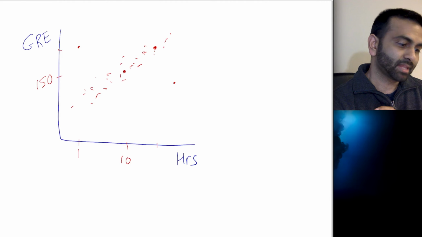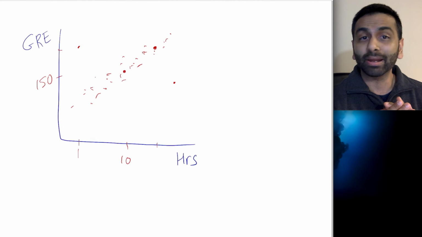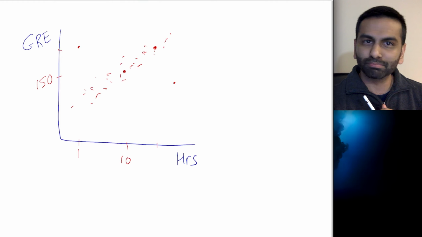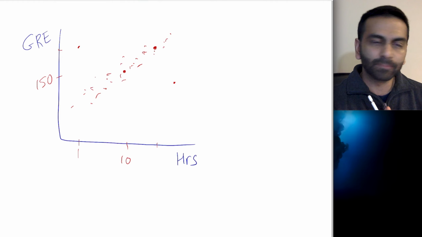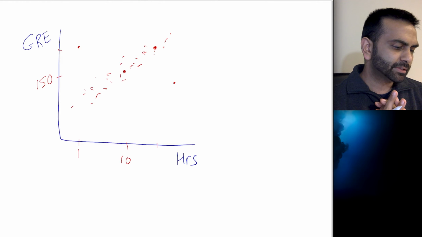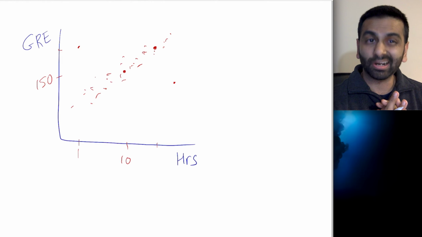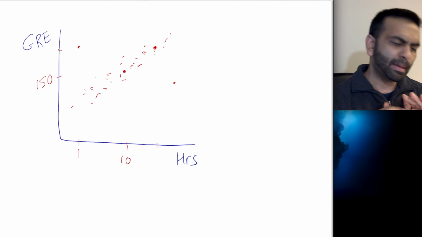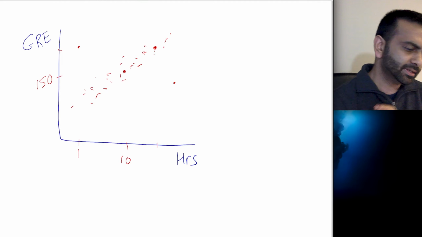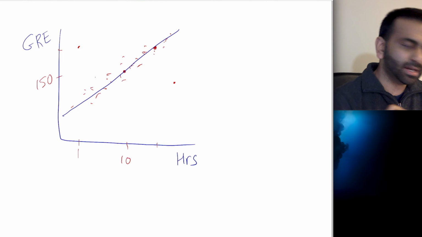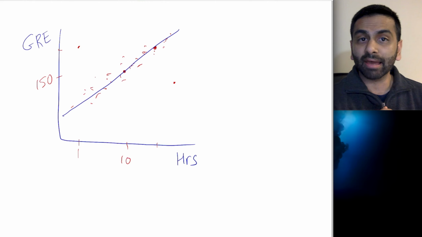Now, the line of best fit, or regression line, is basically the most popular tool for analyzing a scatter plot. Looking at this, if we were to come up with a line that best fits these data points, you might guess that it looks something like that.